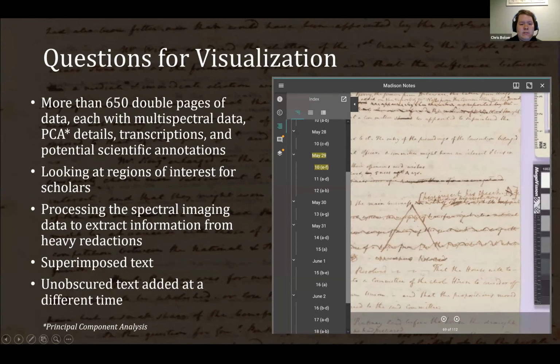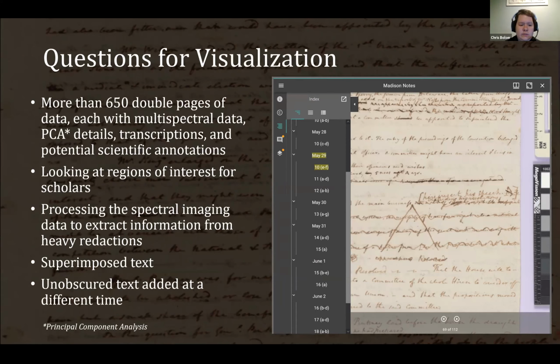So this consists of more than 650 pages of data, which was a lot to go through, but we mostly focused on a few regions of interest. Most of the time it was redactions, but then we got this idea, let's take this project and move it on and tell a story from it.